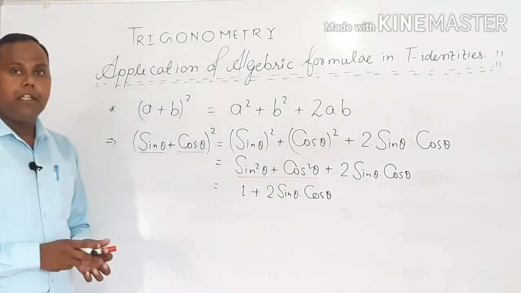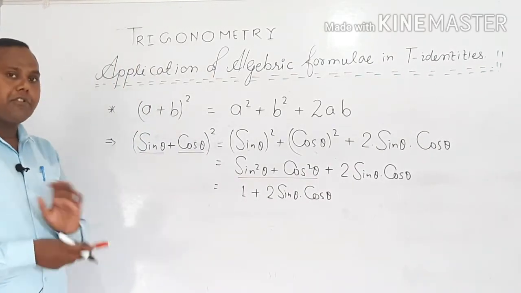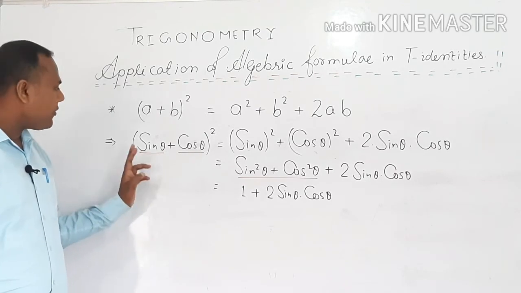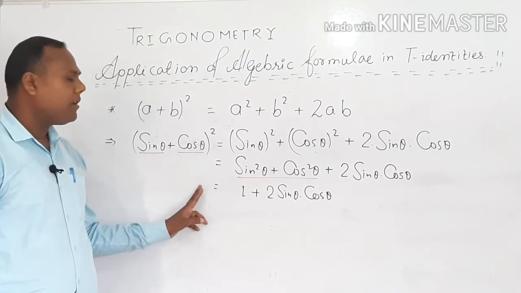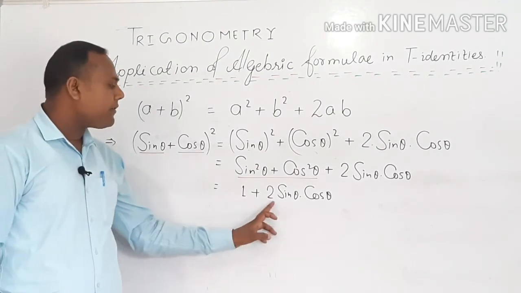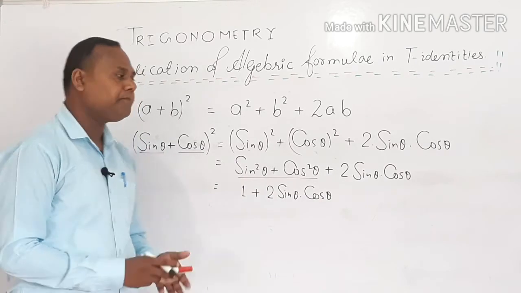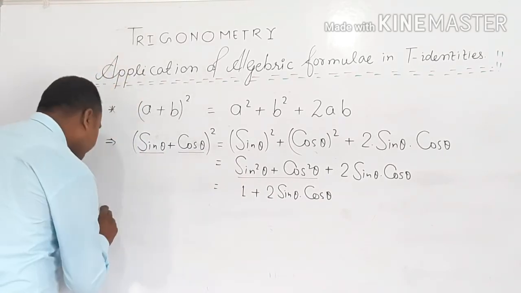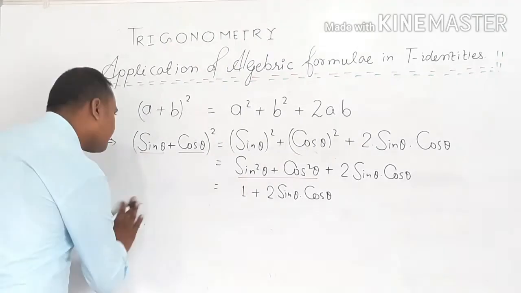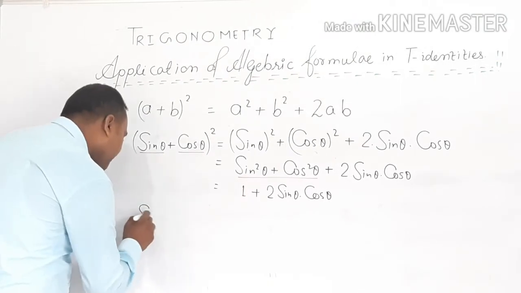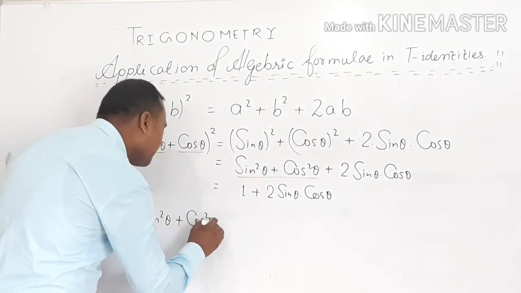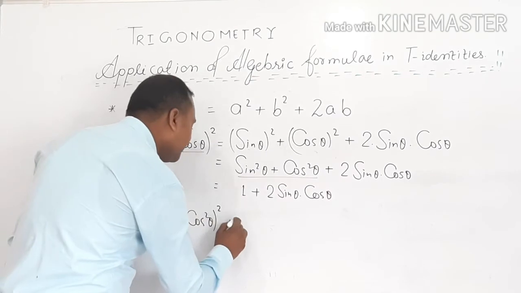So in solving trigonometrical identities, if somewhere sin theta plus cos theta the whole square is given, then you can write it as 1 plus 2 sin of theta into cos theta. Now let us proceed. If here sin square of theta plus cos square of theta the whole square, then how can we proceed?